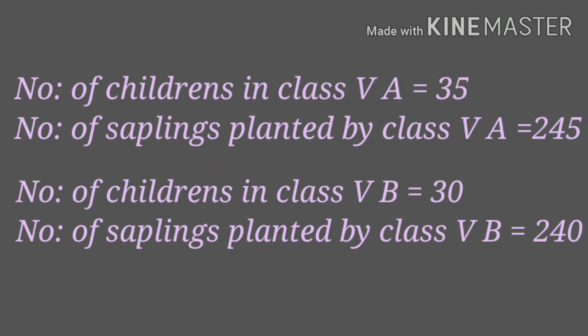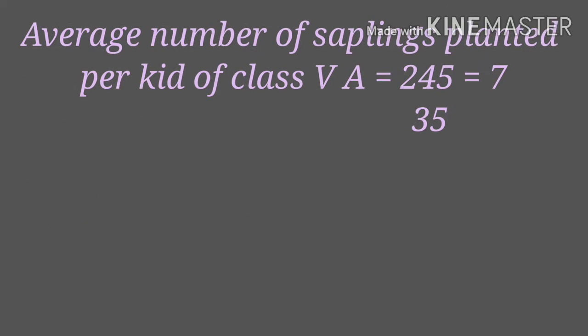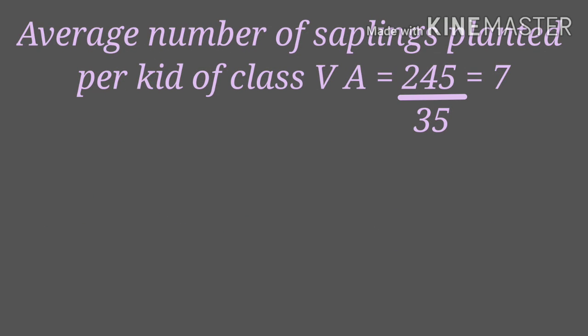So, average number of saplings planted per kid of Class 5A is equal to 245 by 35. 245 is the number of saplings planted by 5A and 35 is the number of children in Class 5A, that is equal to 7.